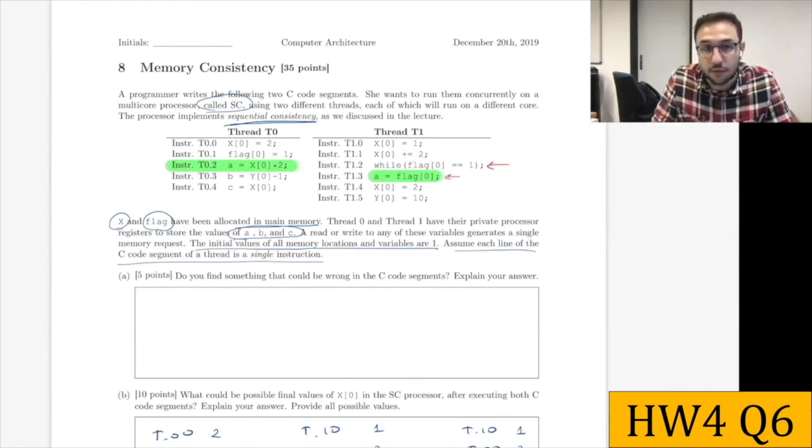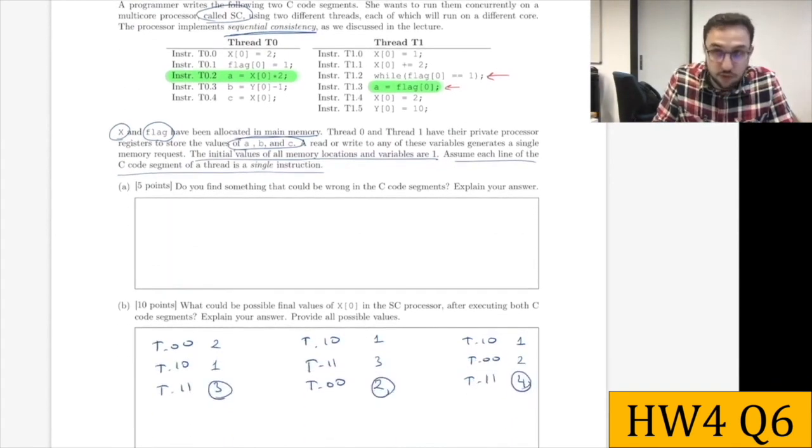If we consider T0.2, A's value is double of x0, right? So we should consider all cases that T0.2 can get in this order of codes that we looked at in the second part of the question.